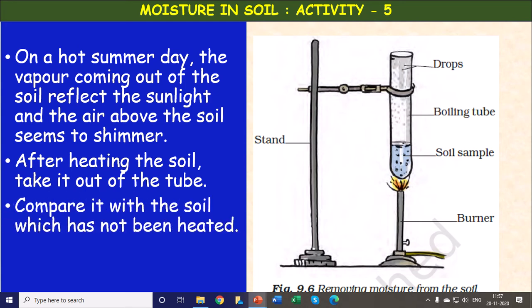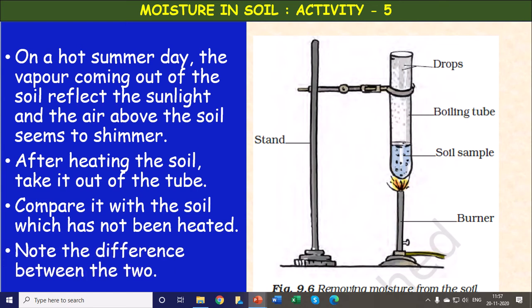Compare it with the soil which has not been heated. Note the difference between the two. The moisture is lost when we heat the soil. So you can compare the soil which is not heated and the soil which is heated. That will give you the conclusion that the soil retains some moisture.